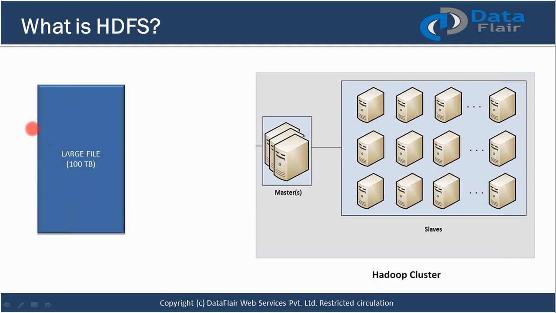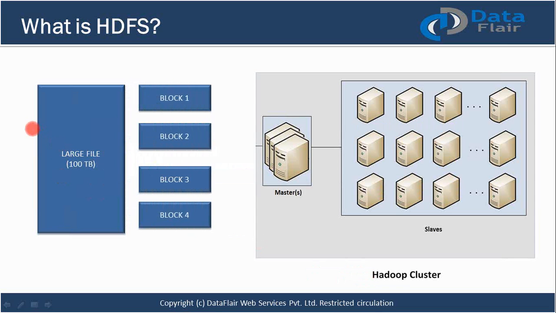Understand this carefully. Firstly, the file is divided into small blocks. Block 1, block 2, block 3, block 4 and so on. The block size, guys, if you recall, is 64 MB. So there will be thousands of blocks. This file will be divided into thousands of blocks, and these blocks will be stored distributedly.